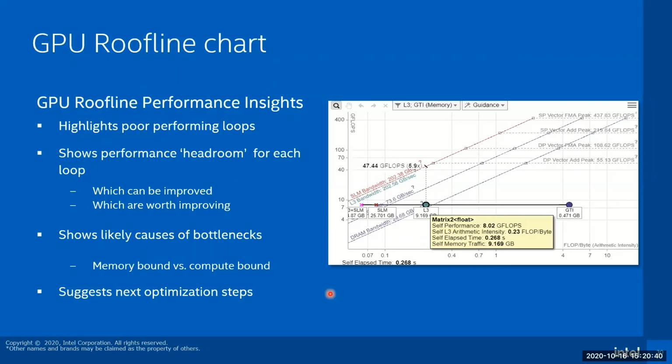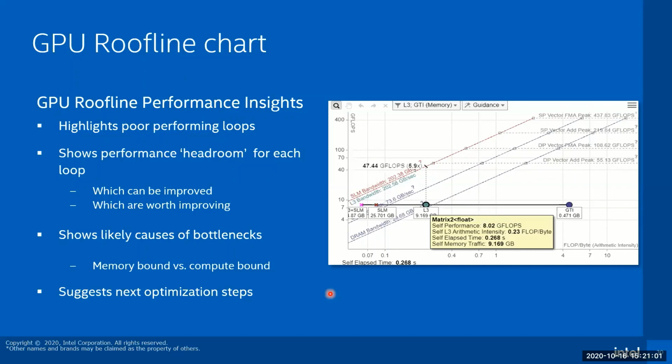It shows whether you are going to be limited by access to the memory hierarchy or by execution units, and you might want to either improve your data access pattern or change your implementation, like using vectorization and so on.